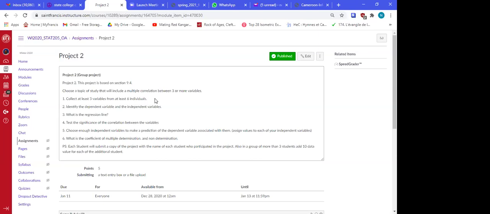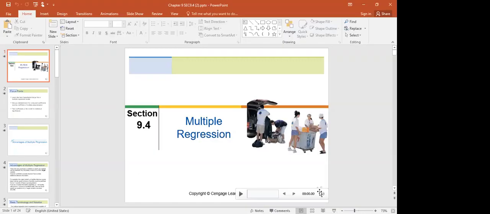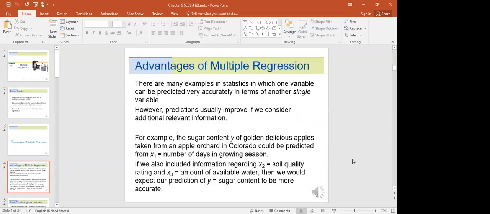So in some time, okay, let's go to 9.4. We will do an example which will reflect what is expected for you. What I have just explained about multiple correlation is the content of 9.4. As I just said, in a multiple correlation, you will have to check the relationship between a dependent variable y, for example, sugar content.